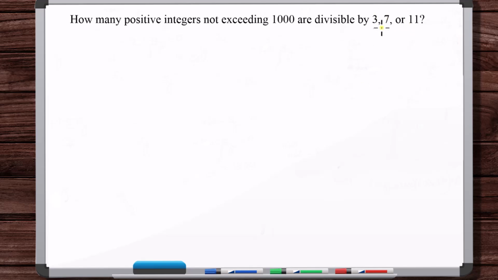The problem is these outcomes could be overlapping. There could be some integers that are divisible by both 3 and 7, but maybe not 11, or divisible by 7 and 11, not 3, or divisible by 3 and 11, not 7, or all 3 are divisible by the same number.